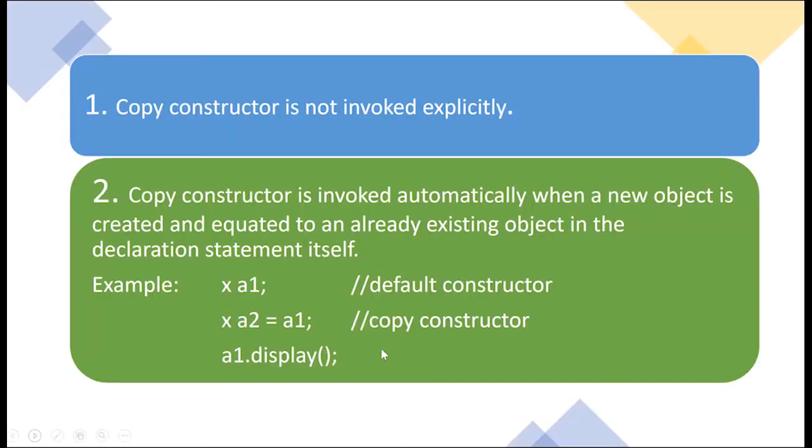Next, let us see, case by case, how we are going to invoke the copy constructor. That is, how are we going to call the copy constructor? Remember that there is no separate call which we will make, like how we used to do for a parameterized constructor. We know that for a default constructor, for example, if I have a class X declared like this in the main, I need not call it.